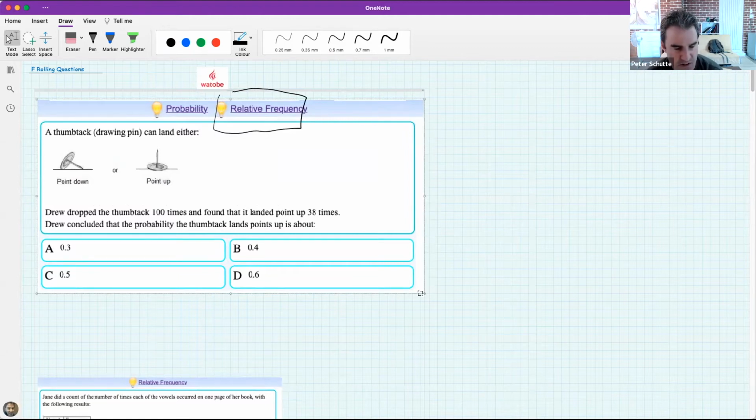So it's one of those sort of pointy thumbtack things, and it's been tested 100 times, and it's found that it lands upwards 38 times. Based on this real world experiment, what is the relative frequency or the experimental probability of landing thumbs up?